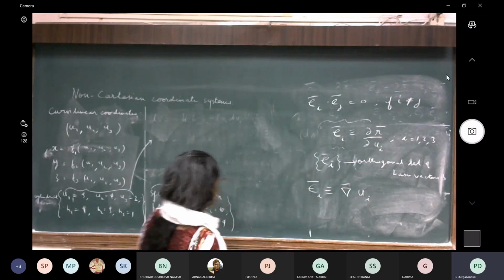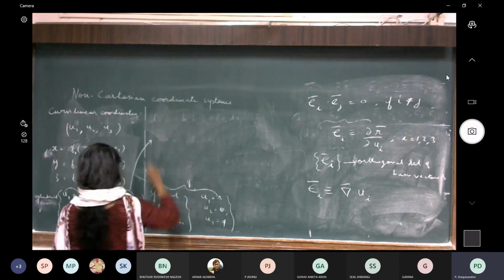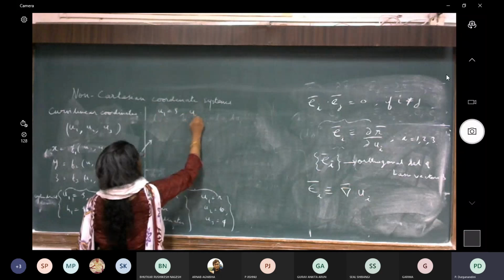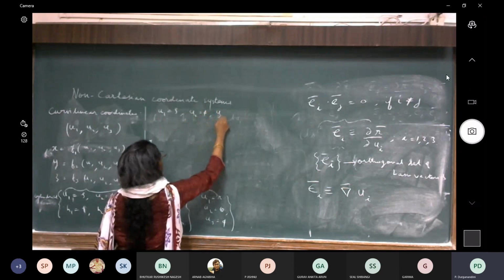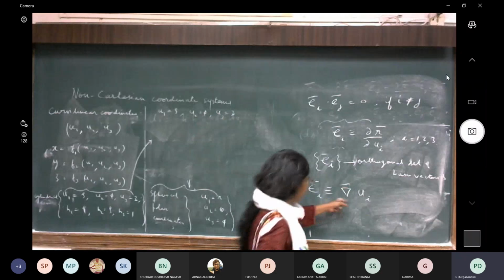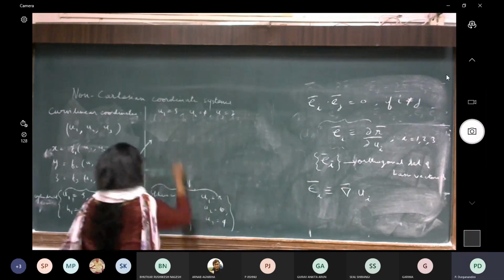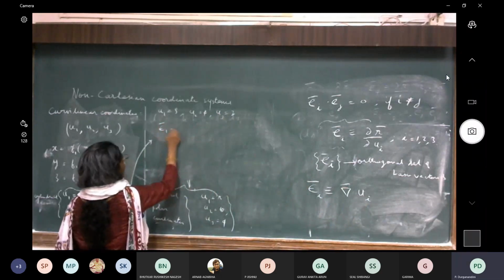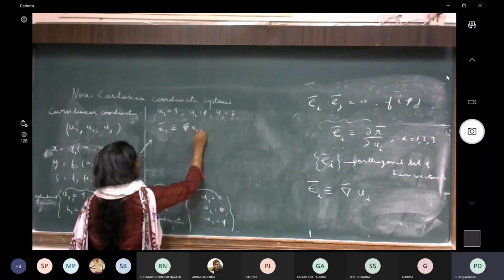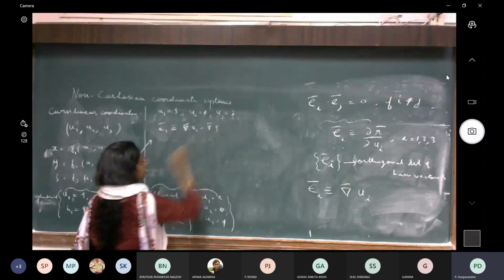again, to illustrate, let's go back to cylindrical polar coordinates. For cylindrical polar coordinates, u1 equals rho, u2 equals phi, and u3 equals z. So this means you're taking the gradient of u1. Let's consider epsilon_1. Epsilon_1 by definition is the gradient of u1, which is nothing but the gradient of rho.